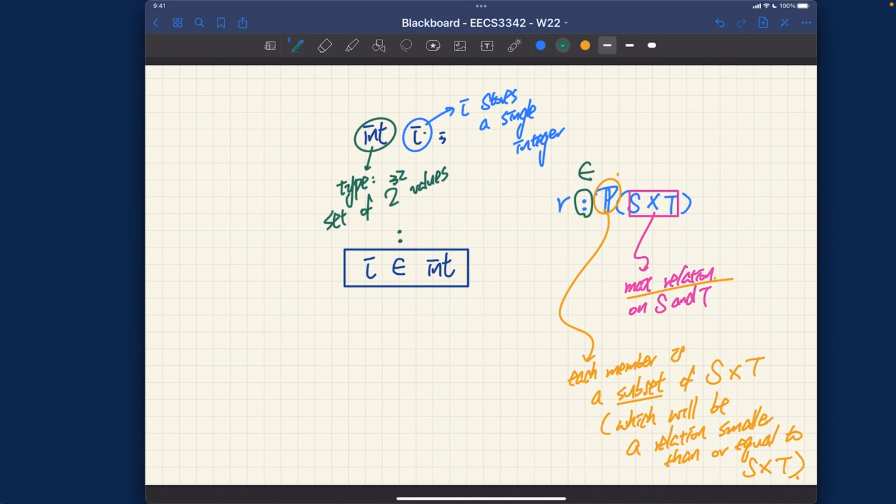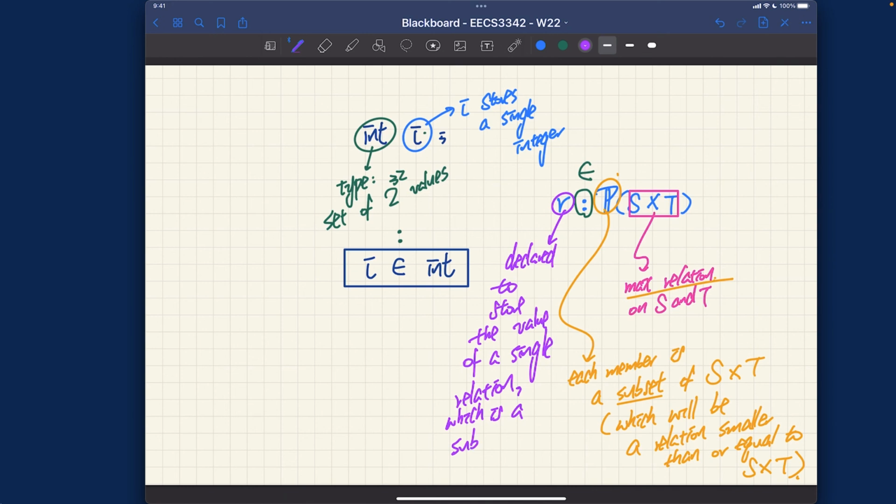Okay, let me just write this down, and then we'll move on to some example. So the R over here, we are saying that declare to store the value of a single relation, which is a subset of S cross product T. Try to maybe once we have done the exercise, that you will feel a little bit better about what's going on.